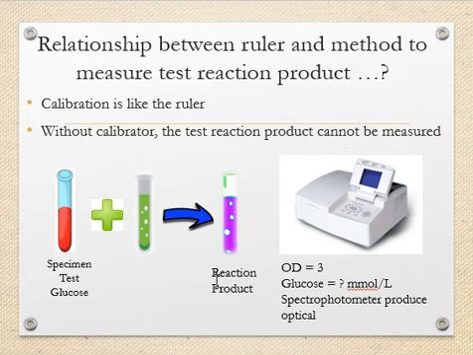Then we measure the chemical reaction product using spectrophotometry, which gives a reading of optical density of 3. So, what is the glucose concentration? Remember, the spectrophotometer produces optical density only.